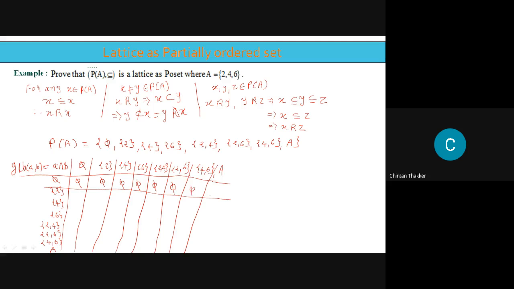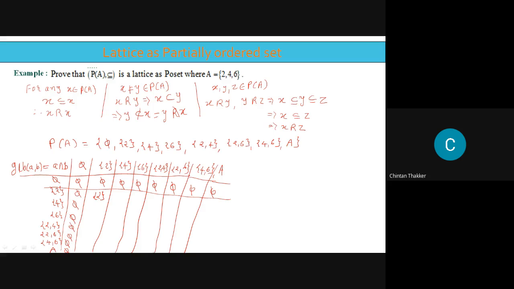Then the intersection of singleton 2 and singleton 2 is singleton 2 itself.